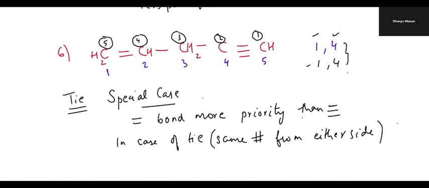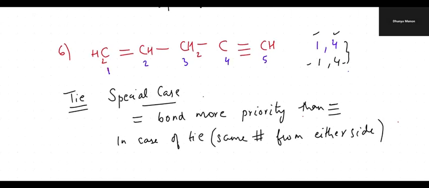In this case, the double bond is given importance, only in this type of case. So we will be using this numbering, starting from this side, the blue numbering. Why? Because this is a special case. The numbering is the same from either side.